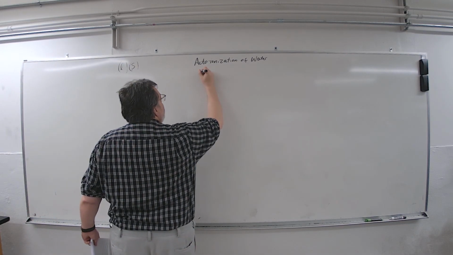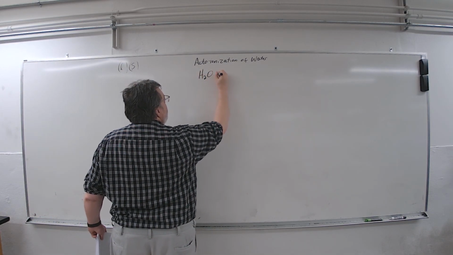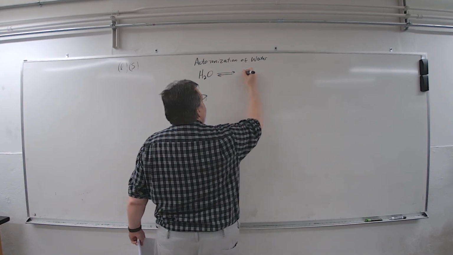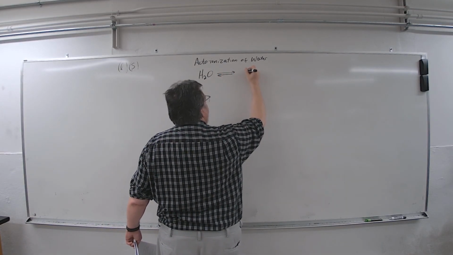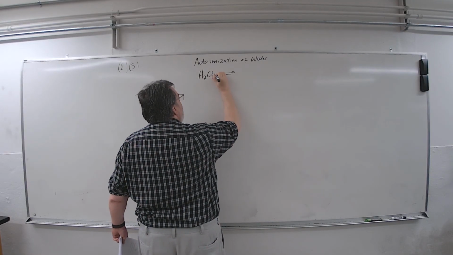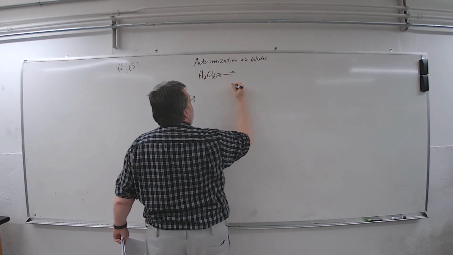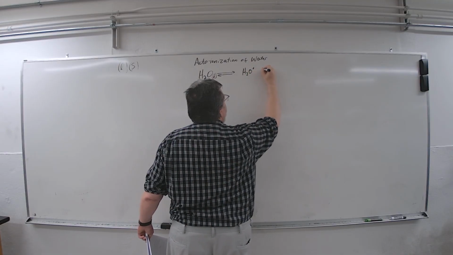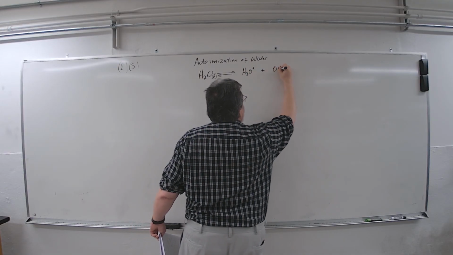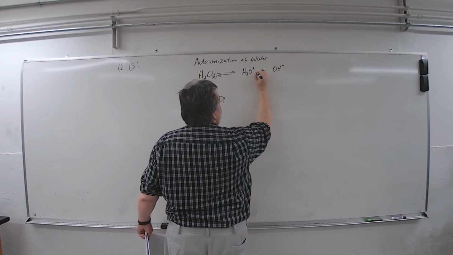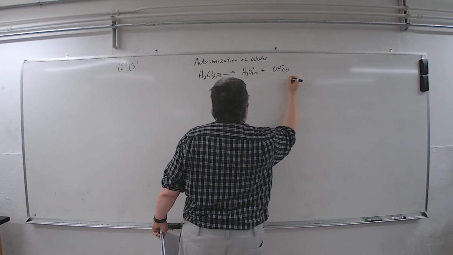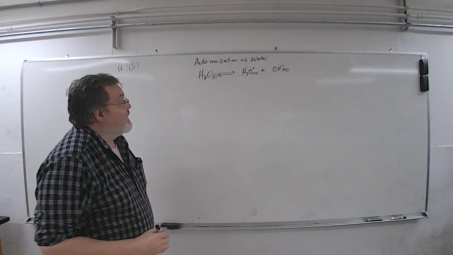What I mean is, if I have H2O liquid, a tiny amount of pure water will split off into H3O plus and OH minus. That will be aqueous, and that will be aqueous. A tiny amount of that happens, and I mean pure water.